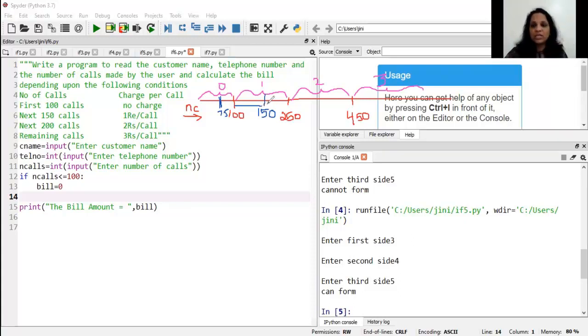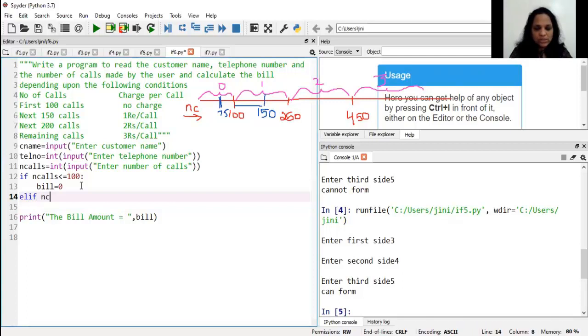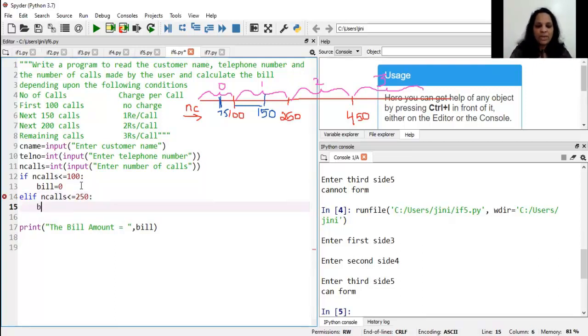So let me put that into my coding line. My next condition is elif number of calls, n calls in my program, less than or equal to the next 150, so it's equal to up to 250. Then am I charging him bill as, if I write this, children, I'll tell you why things will go wrong, n calls multiplied by 1?